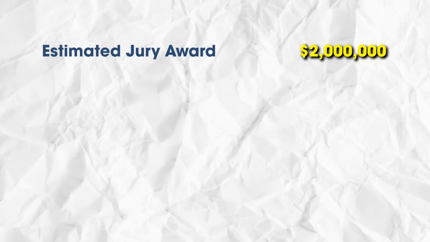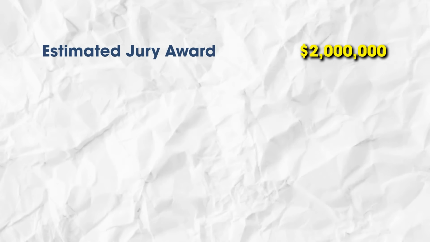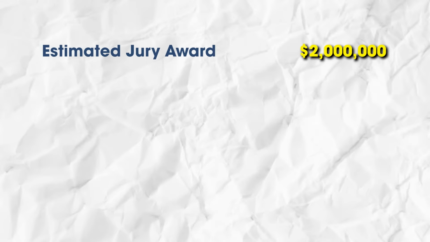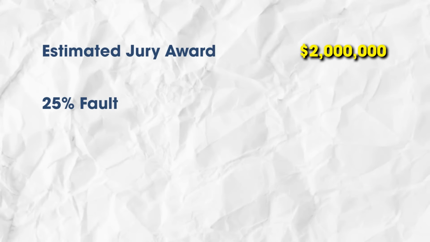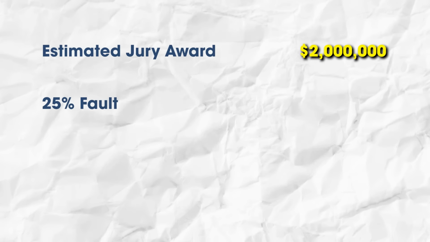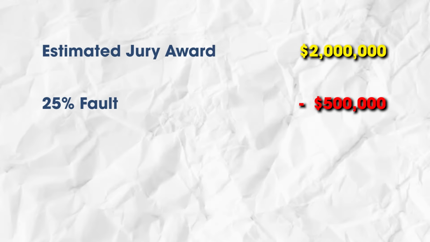Let me give you a basic example. Let's say that we determine a likely jury award would be around $2 million, but we think there's a 10% chance a jury finds for the defense, meaning that we would get zero. We also think the jury will likely find the deceased 25% at fault. Well, first we discount the likely award by the comparative fault. 25% of the $2 million is $500,000.